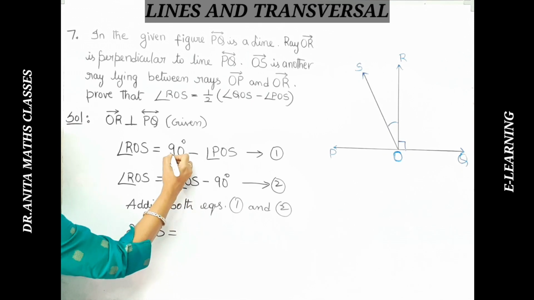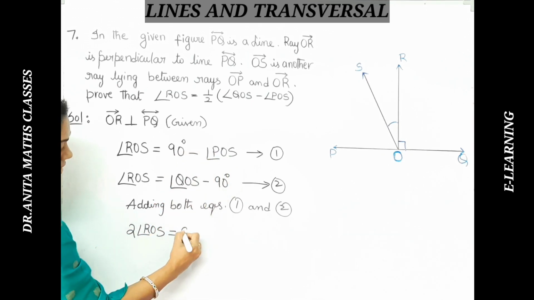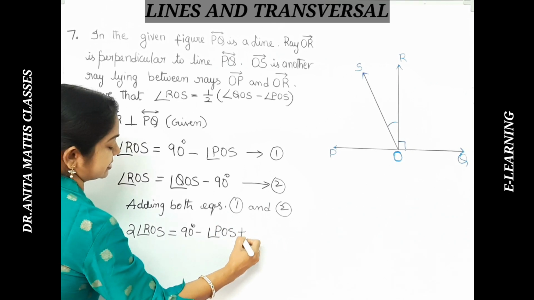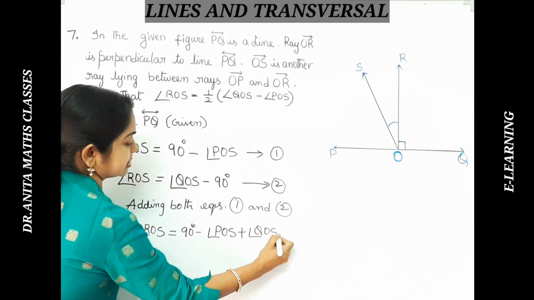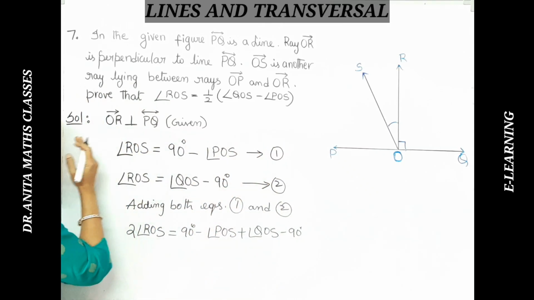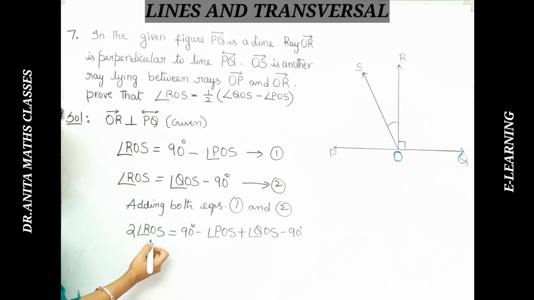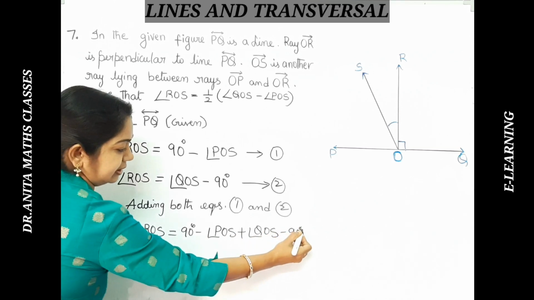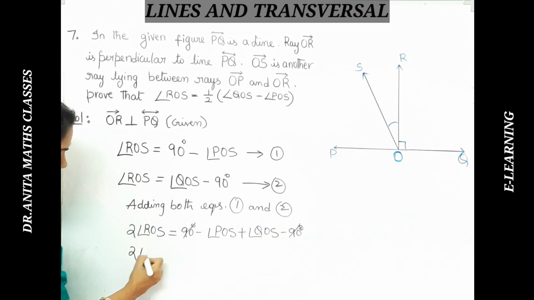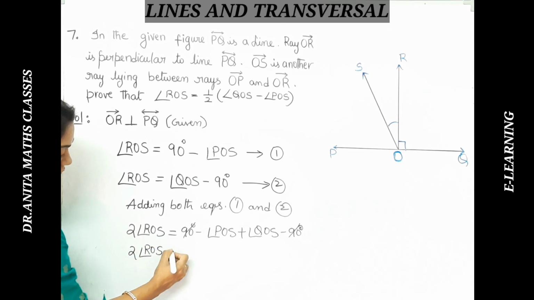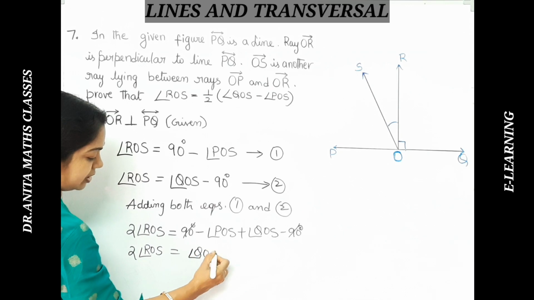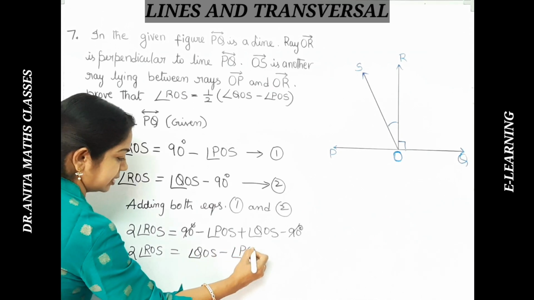And on the right, we add 90 minus angle POS plus angle QOS minus 90 degrees. The 90 and 90 get cancelled off because of minus and plus. We get angle QOS minus angle POS.